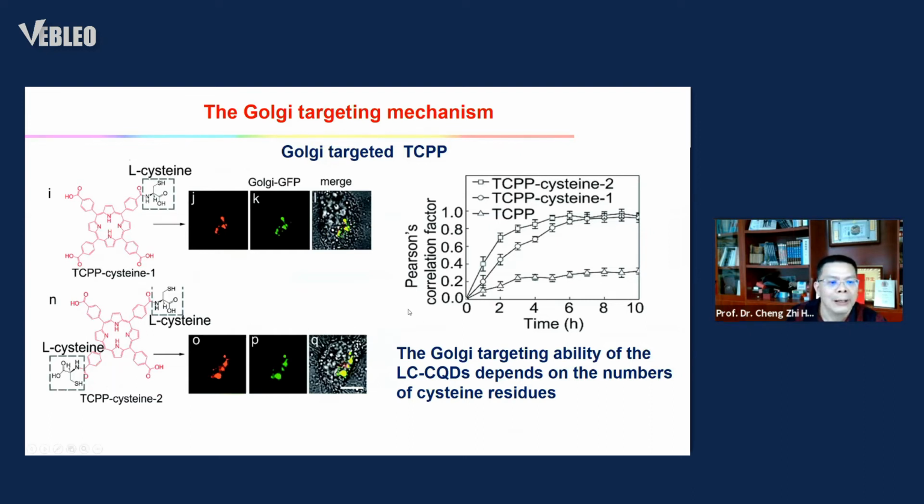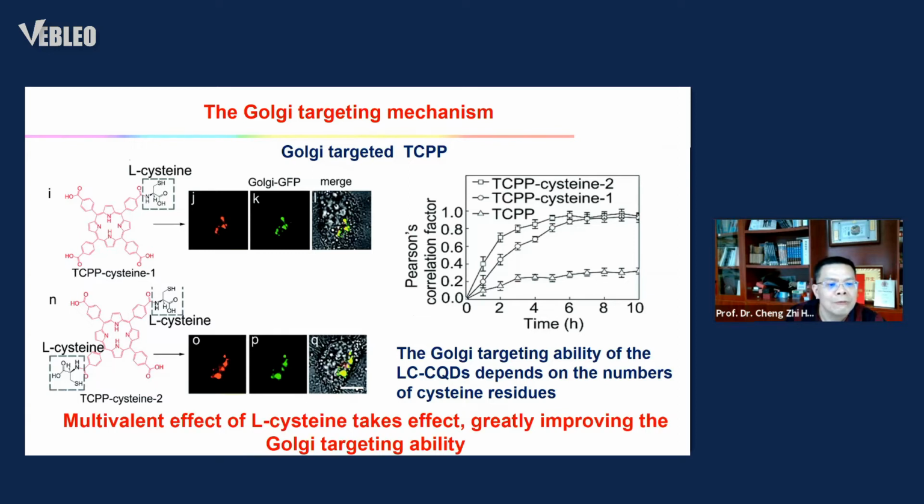The double cysteine-functionalized TCPP needed only 3 hours to match with the Golgi-GFP, suggesting that the Golgi targeting ability is closely associated with the number of L-cysteine residues, showing that a multivalent effect of L-cysteine takes effect and greatly improves the Golgi targetability. That is, L-cysteine is an effective agent for specific targeting to the Golgi.